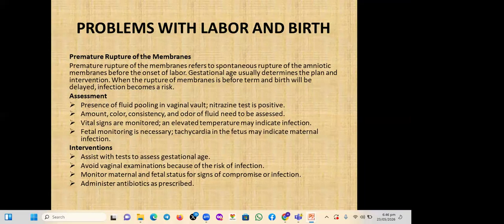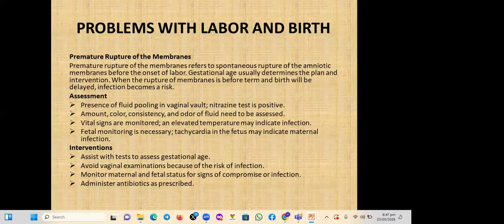So in your exam, you can get a question on ruptured membrane. And on your assessment, they will say that you are monitoring a woman at 35 weeks of gestation or 34 weeks of gestation who complains of experiencing some fluid coming out through the vagina.